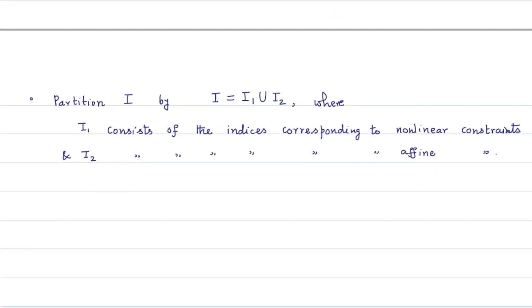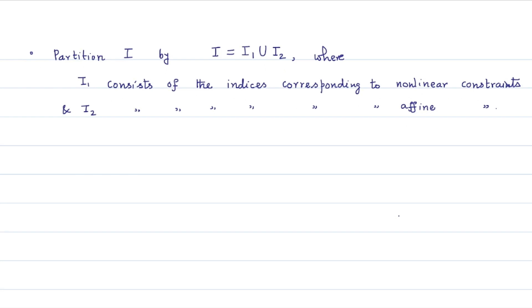Now, corresponding to this partition I1 and I2 of the set capital I, we also consider splitting of the active set of indices.